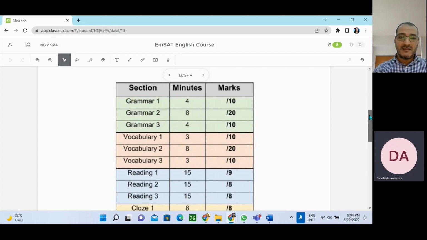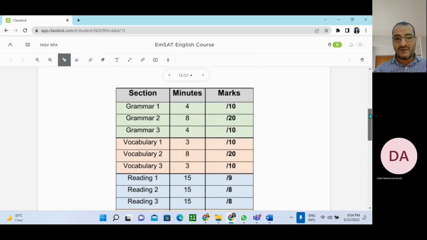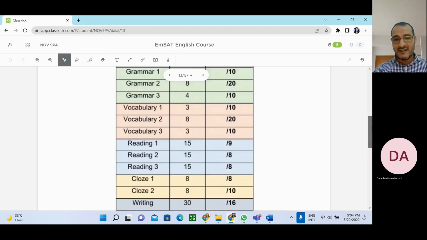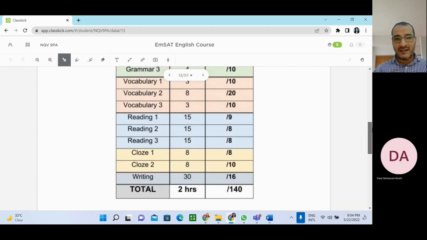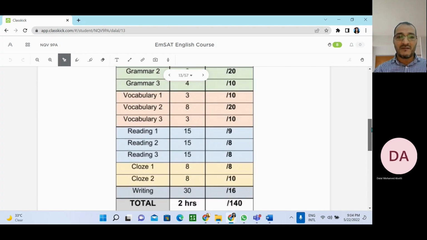According to this distribution, you have 30 minutes of grammar, like 40 minutes of vocabulary, and like 30 minutes of reading or something like that. Maybe 45 for reading, with 3 different passages, and also cloze.